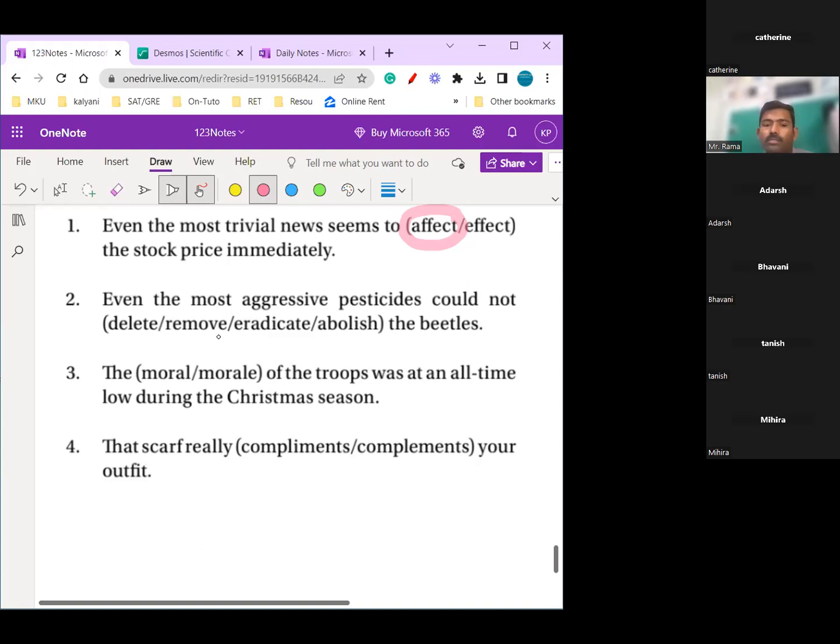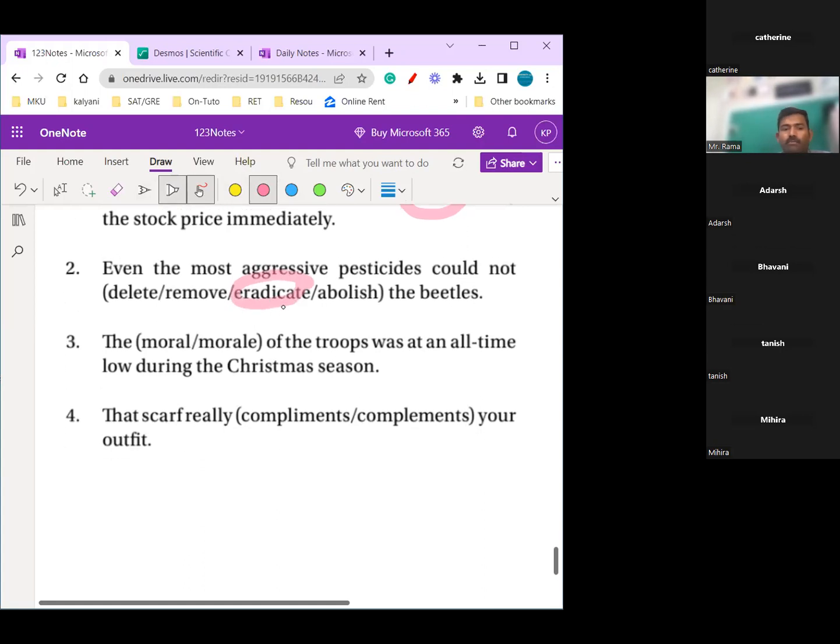Everybody try your answer. Whatever you think, you can put it up there and then we can check it, because this is important that we need to know. So for the second one, it's eradicate. Eradicate is the best word for that.